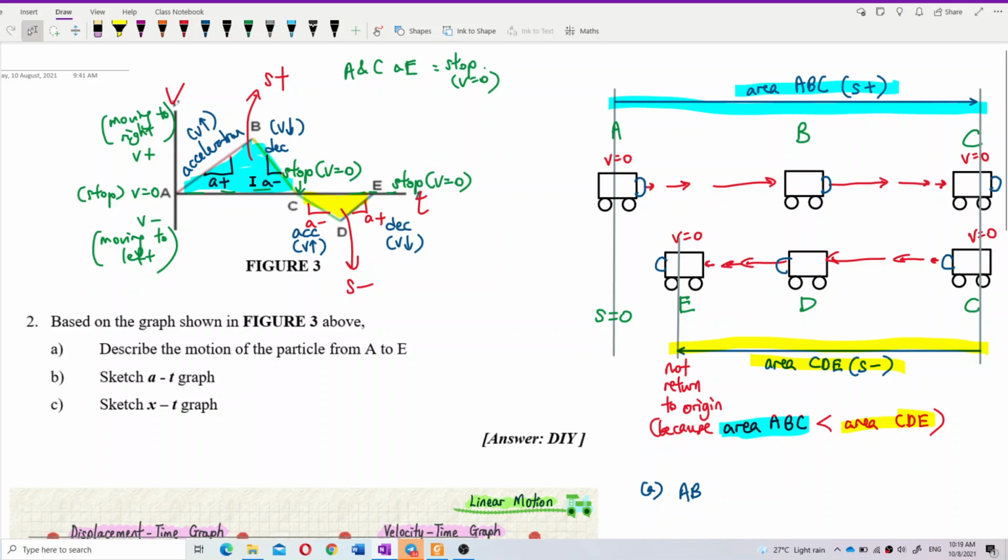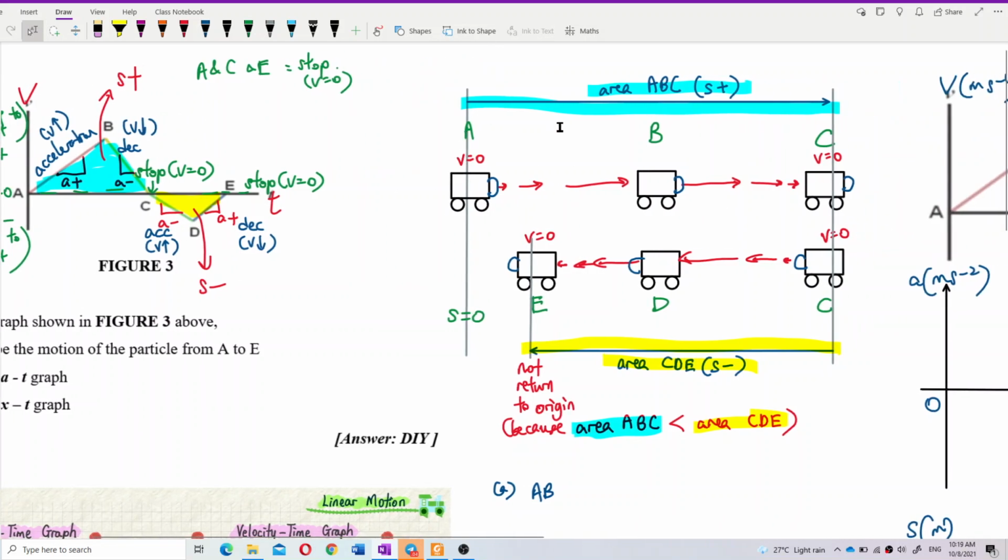How far it moved to the right? More area. How far it moved to the left? Less area. So the car moved to the right more than it moved to the left.